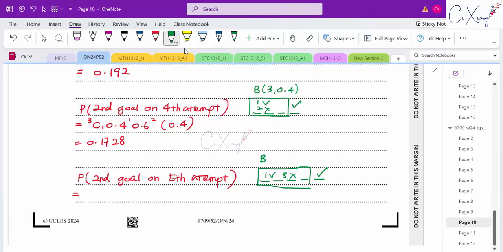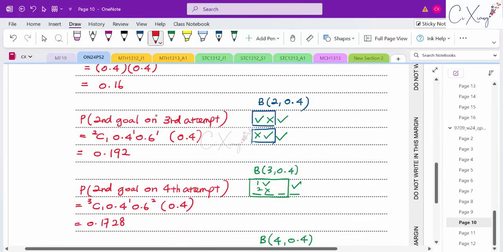So I will treat it as a binomial distribution with 4 attempts in total, and I'm interested in the number of successes, which is 1. Therefore, I'm having 4C1, 0.4 power 1, 0.6 power 3. Then the last attempt is always a go, so 0.4. From here, you get 0.13824.